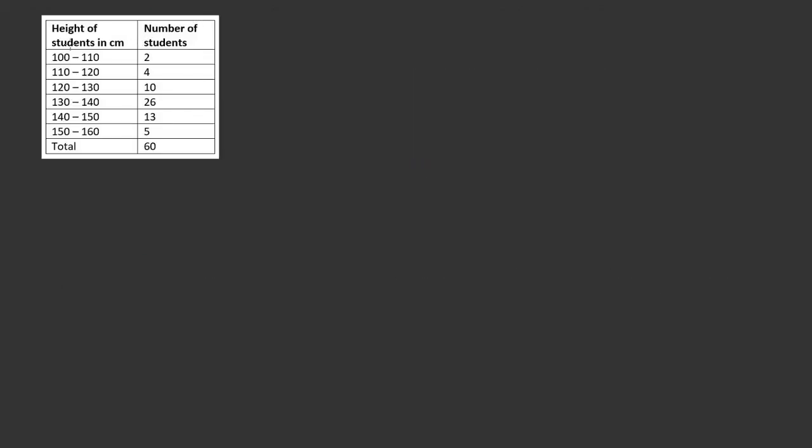That is, the heights of students in centimeters for a class of 60 students is given. We need to calculate the mean of this grouped data by the assumed mean method. First, we need to calculate the class marks, that we already calculated in the previous case.